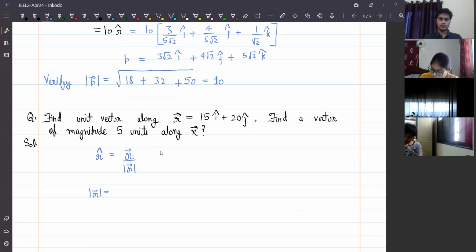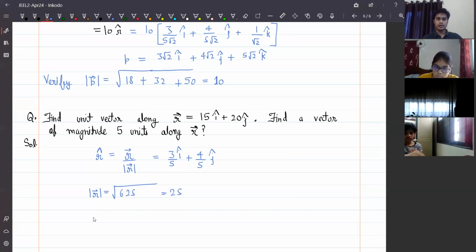Sir, it would be 3 by 5 i cap plus 4 by 5 j cap. Correct. What is mod of R cap? What's the value of mod of R? It should be 25, no? Sir, root 625, which is 25.